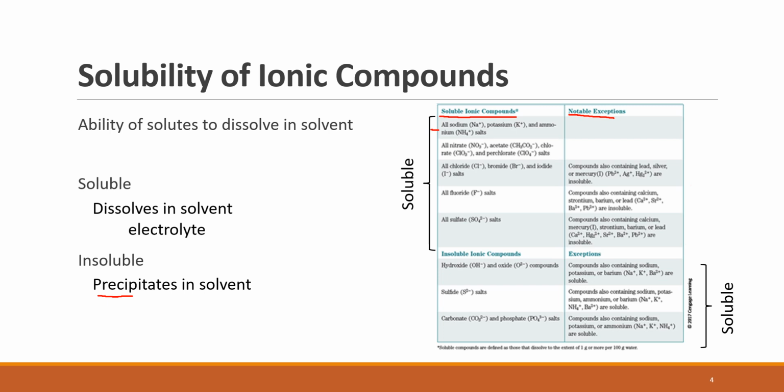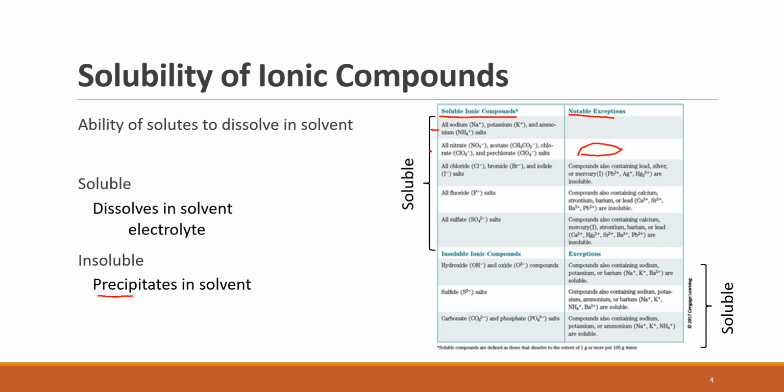That means anytime you see sodium, potassium, or ammonium in an ionic compound, that ionic compound will be soluble all the time, no matter what it is attached to. The same goes for the second column, because it also has no exceptions. There's nothing in the notable exception column.